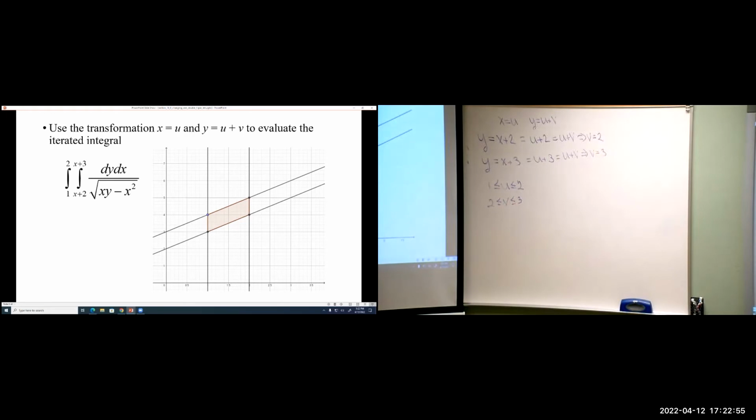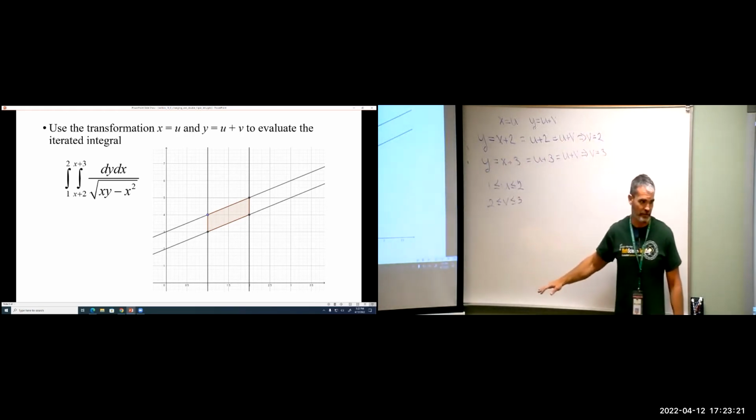Questions about that? We're not going to be coming up with the transformations on our own, so I don't want you to worry about that part. You'll be given the substitutions. But it took our region that was this slanted rectangle, and now we have just a basic rectangle.